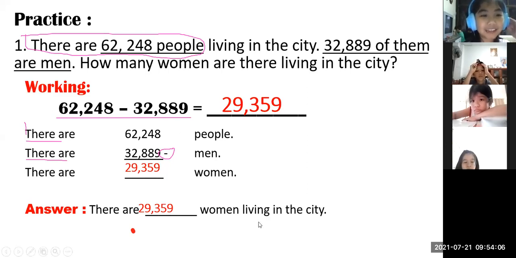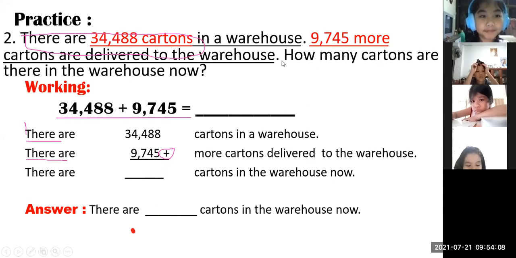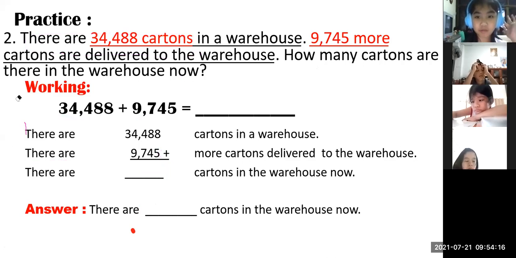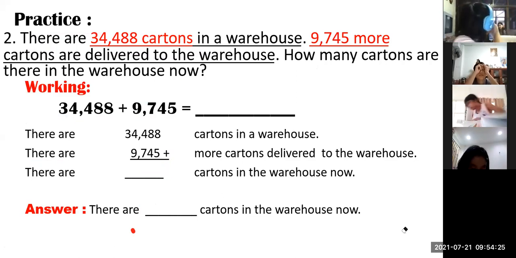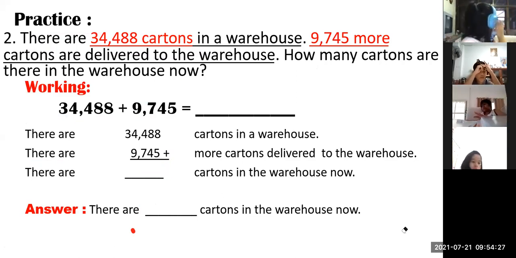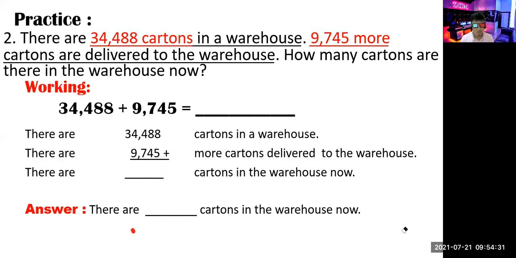In number two, I just write here. In question number two, there are 34,488 cartons in a warehouse, and then 9,745 more cartons are delivered to the warehouse.